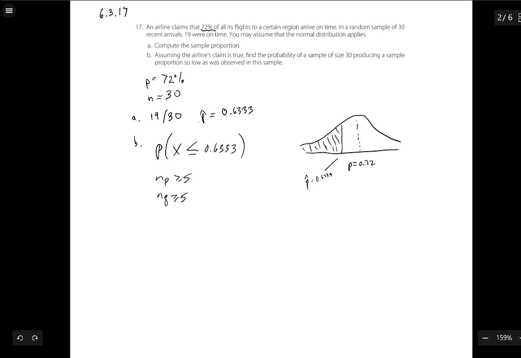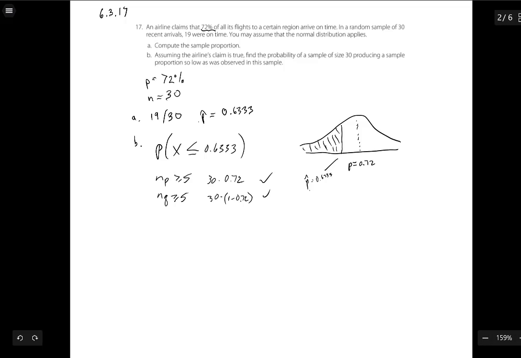So that's 30 times 0.72, and 30 times 1 minus 0.72. Check what those are. 30 times 0.72, so 0.7 times 30, that's around 21. 21 is way bigger than 5, okay. And 1 minus 0.72 is 0.28, about 0.3. 0.3 times 30 is about 9, which is greater than or equal to 5.